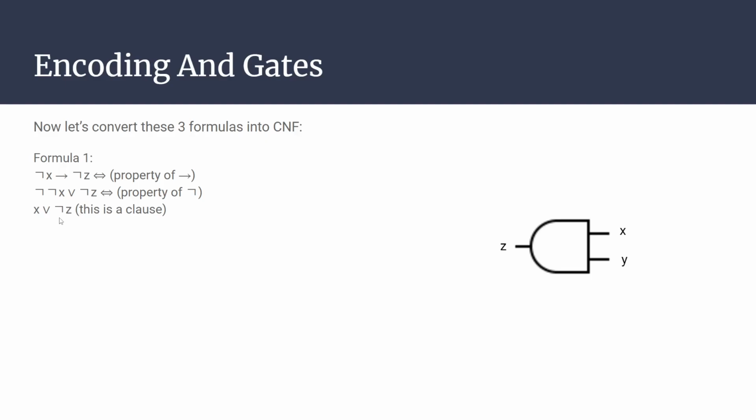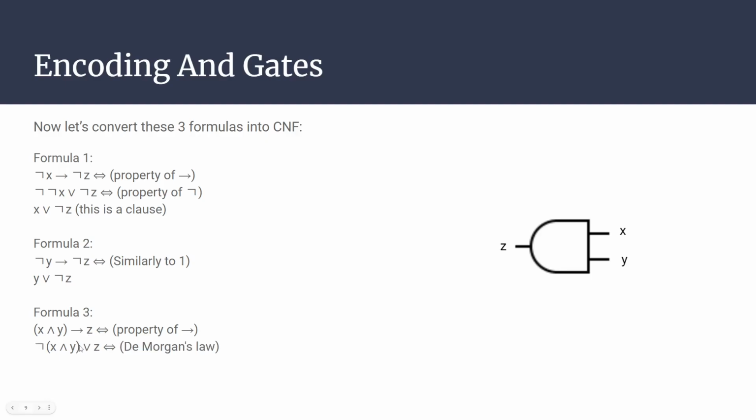All right, let's see if the other formulas can become clauses, and then we will be done. Formula 2 is very similar to Formula 1. It's just y instead of x. So we use the same logic and we can reach y or not z as a clause here.